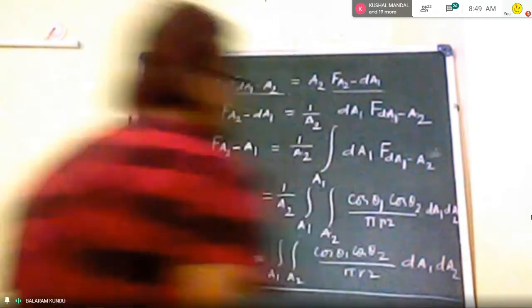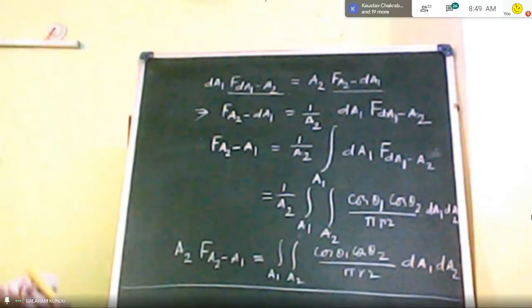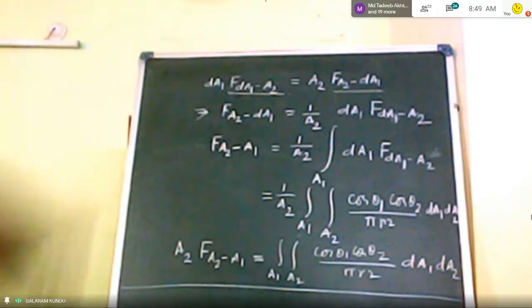So 4 integrations are required here. So not triple, 4. So A2, the expression is this. So similar fashion, we can get another relationship.